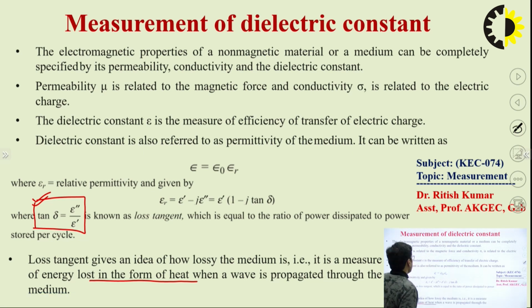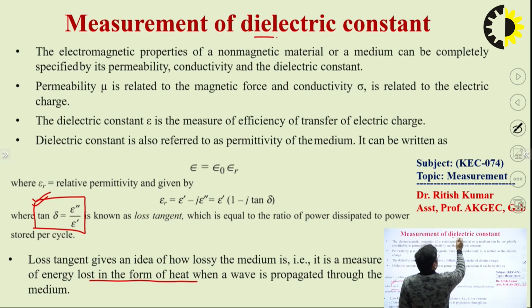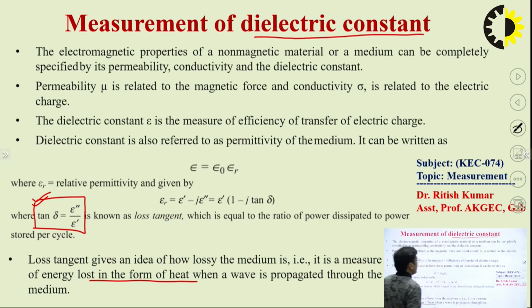So if we are able to measure the dielectric constant of the material, then we can also calculate the loss tangent of the material, because both are related to each other.